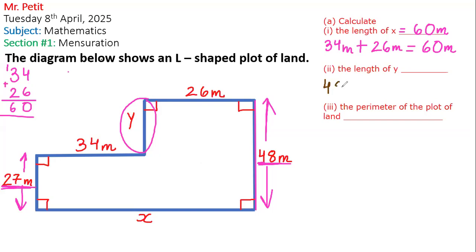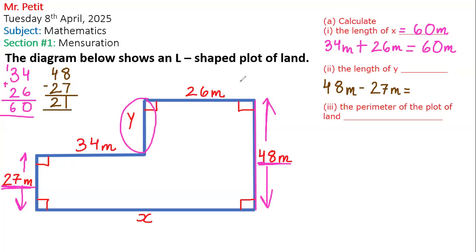So we have 48 meters minus 27 meters. It's going to be equal to 21. 48 minus 27: 8 minus 7 is 1, and 4 minus 2 is 2.